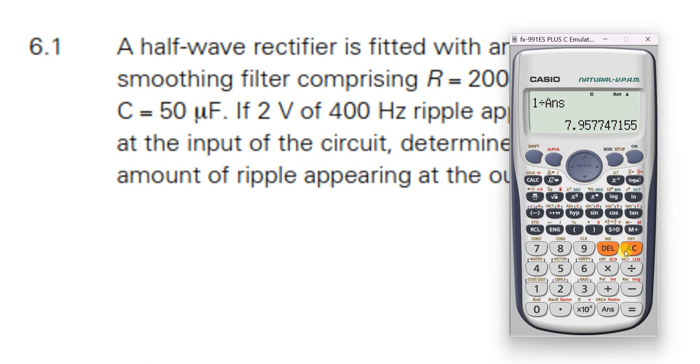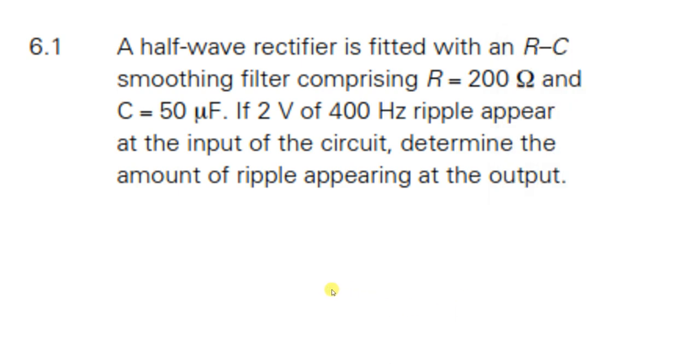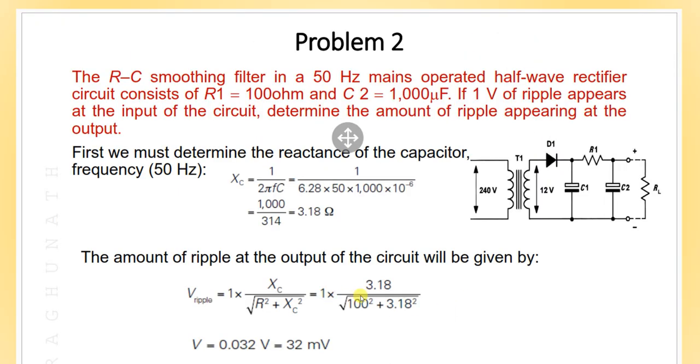Remember 7.95. After that, if you go to the previous problem, we got 7.95. V ripple is, in the previous problem 1 volt ripple was there. In the new problem, you have to write 2 here. Xc is 7.95, and instead of R equal to 100, you have to write 200.